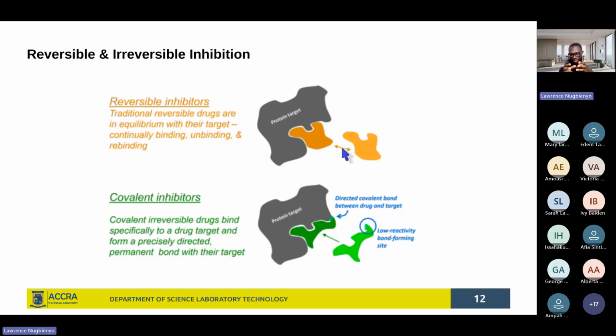So succinylcholine is used as a muscle relaxant, but in the end, it dissociates. So that is reversible.